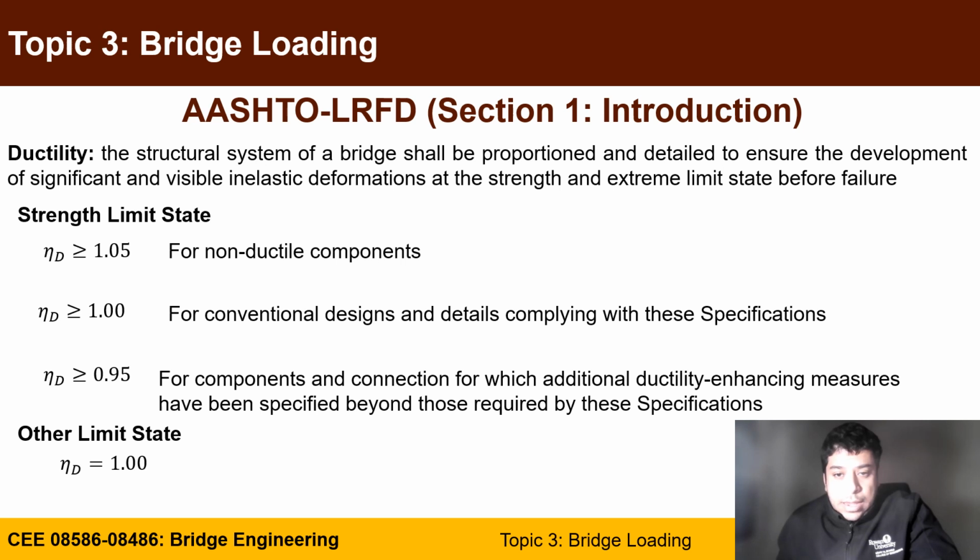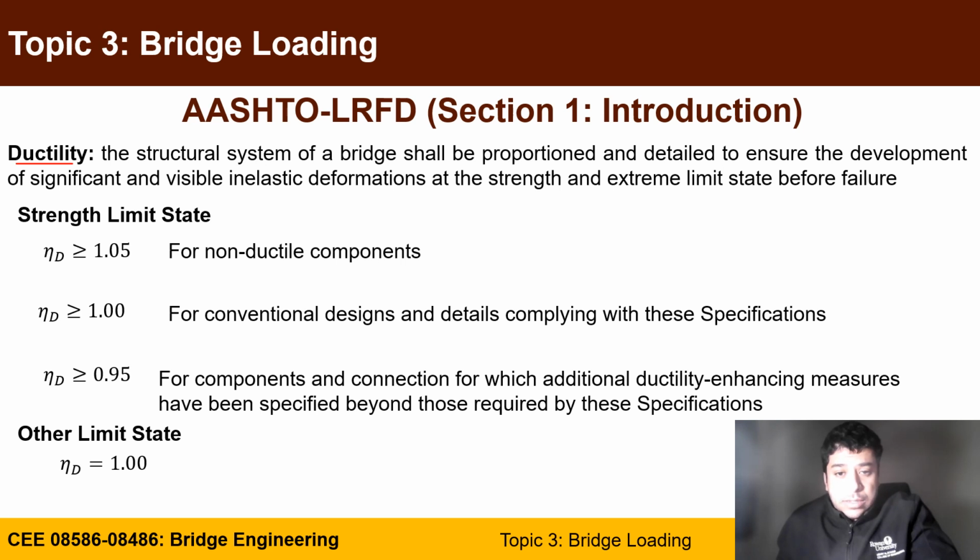In eta D, which is ductility, in our design we always like ductility during failure. So you produce more cracks and signs of failure to warn drivers, the traveling public, or occupants of structures before failure.